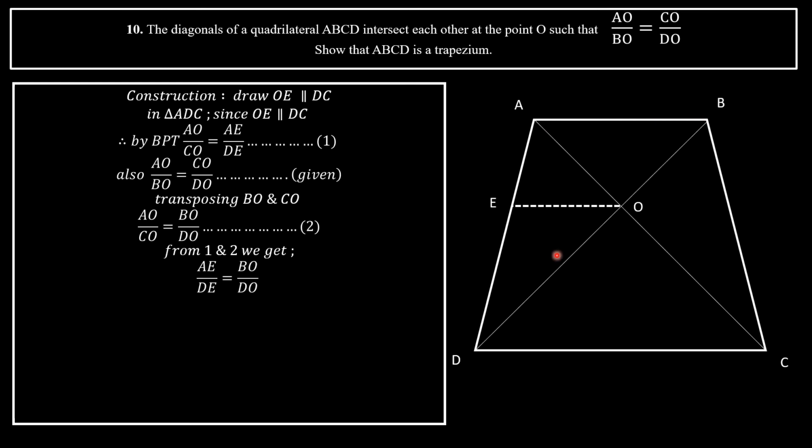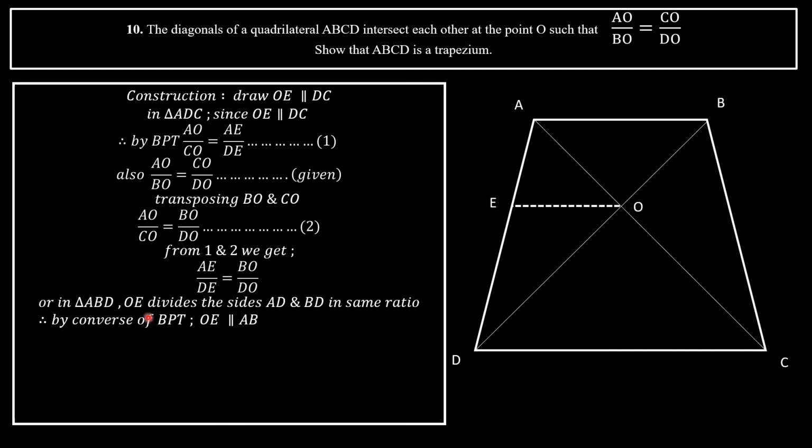So now in this triangle, this line divides the two sides in the same ratio. Means by the converse of BPT, this should be parallel to AB, right? OE divides the sides AD and DB in the same ratio. By the converse of BPT, OE is parallel to AB. But by construction, we drew OE parallel to DC. Now, OE is also parallel to AB.